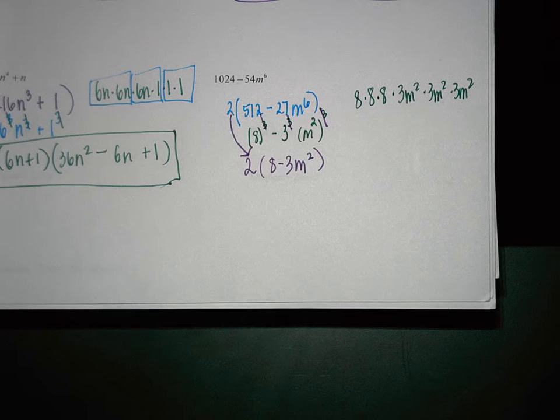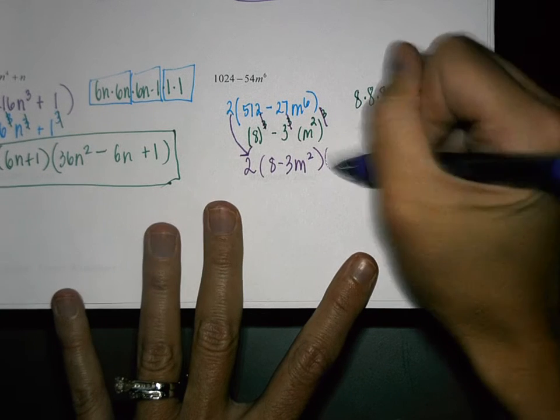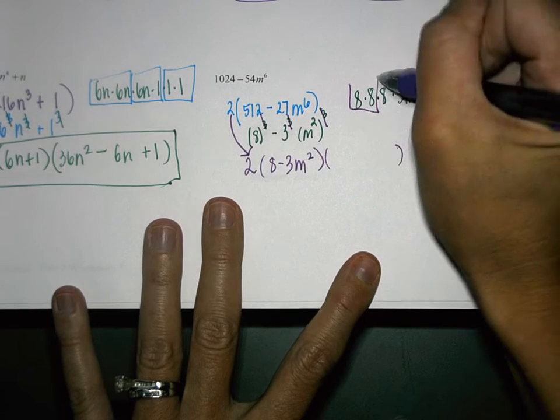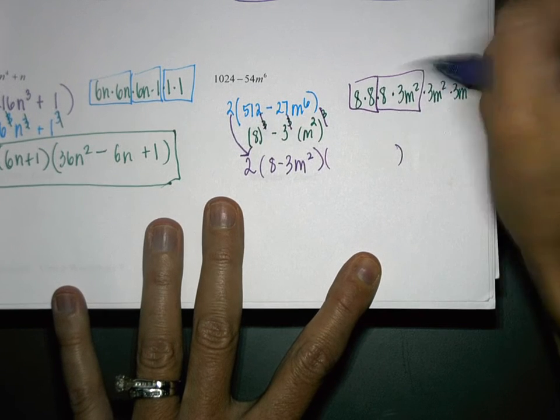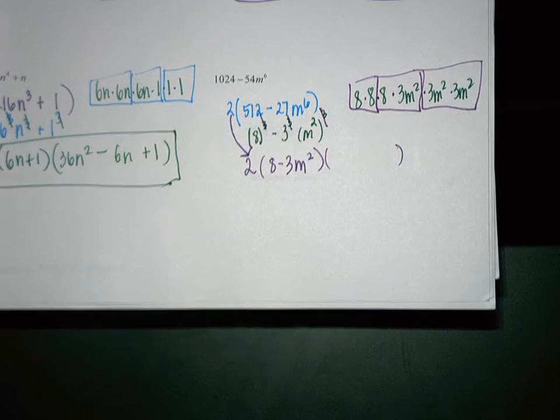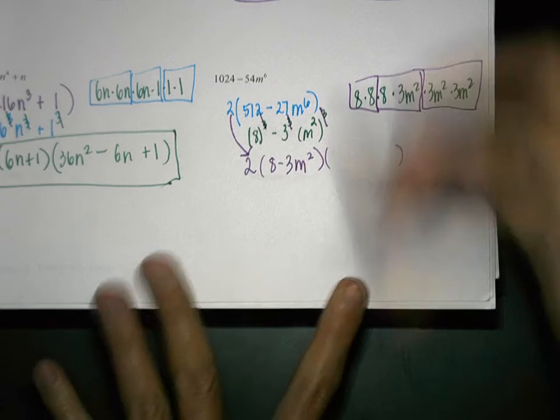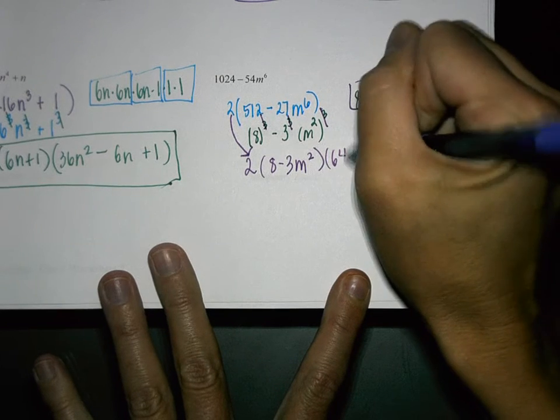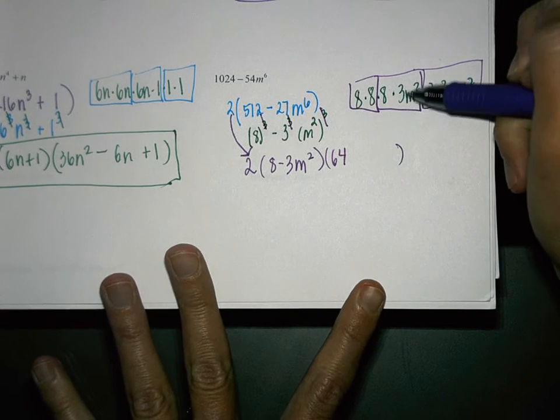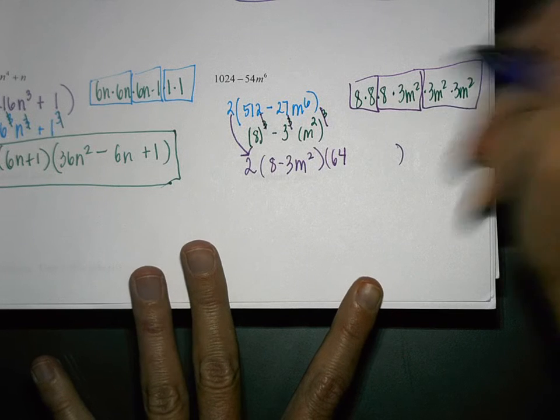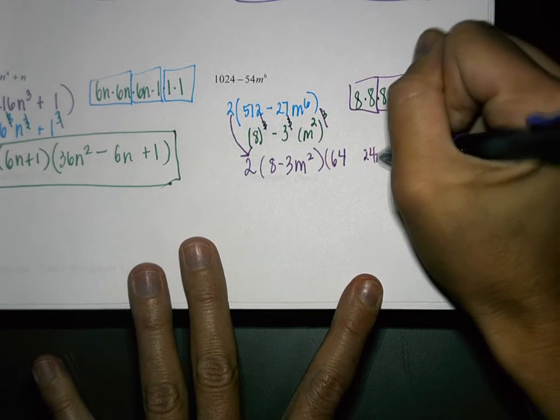Okay, now what am I going to do next? Good, so we kept everything the same. So now we're going to group these by 2's and multiply. What is 8 times 8? Good. And then what is 8 times 3m squared? And I shouldn't have written this yet.